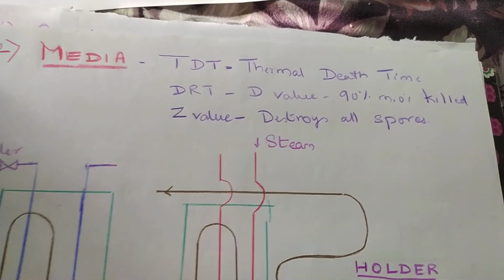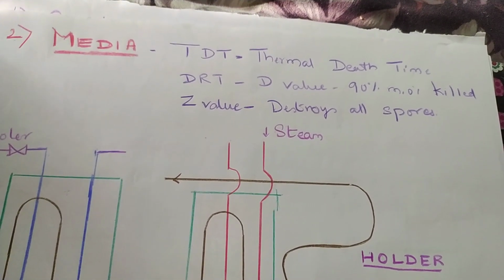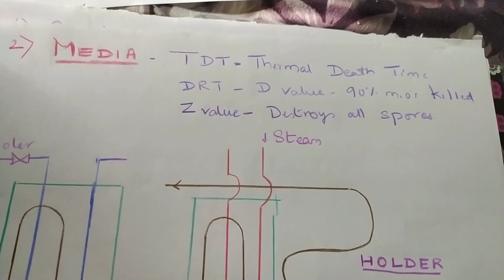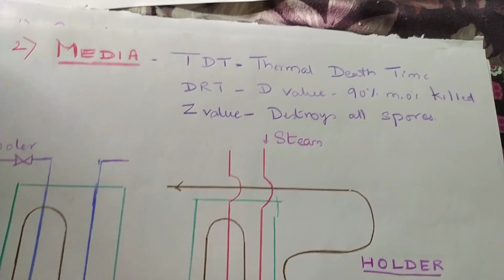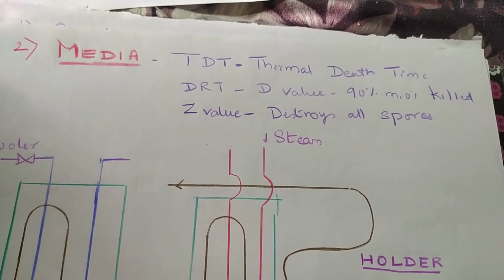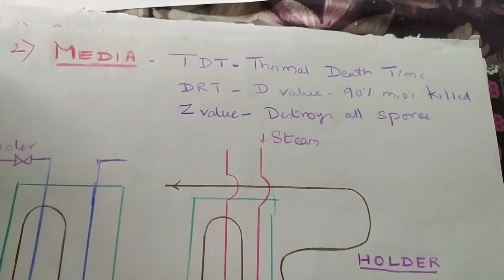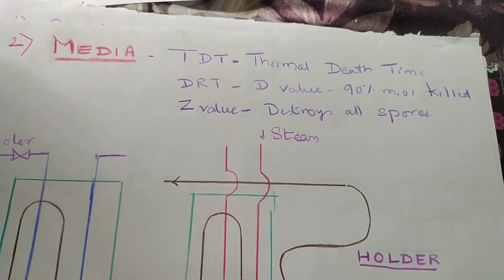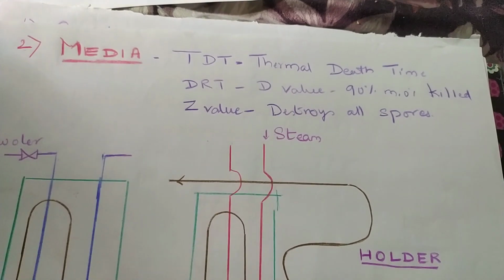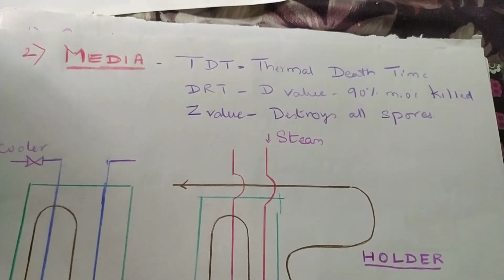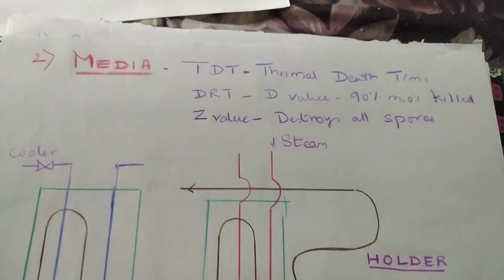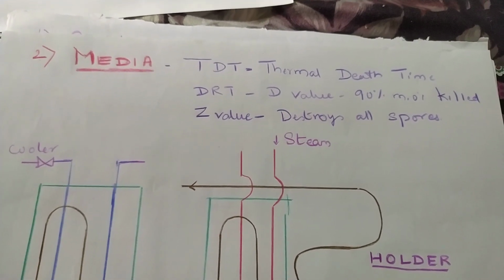There should be 100% efficiency in destroying the microorganisms, otherwise it will lead to contamination later. So specific time and temperature is very important. The Z value is the particular temperature that destroys the spores. I've already discussed this in the sterilization of media.